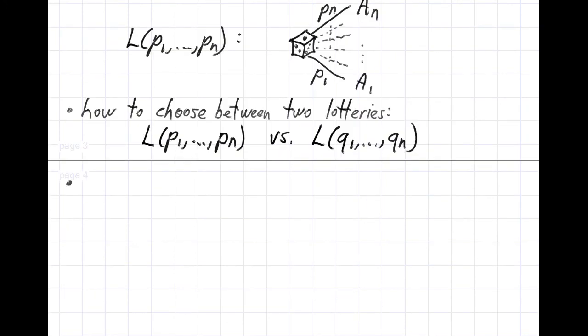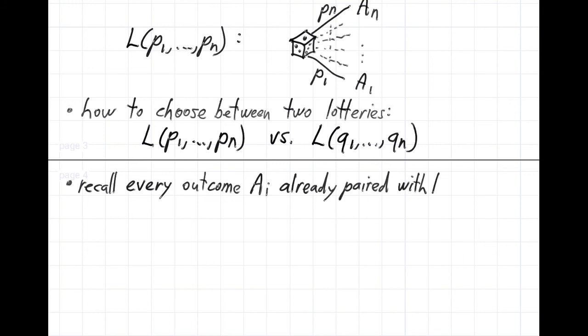To do that, we can recall what we already discovered for certain outcomes, which is that every outcome AI is already equally preferred, so effectively indistinguishable from a lottery. I'll say it's already paired with an extreme lottery, X, with probability UI.